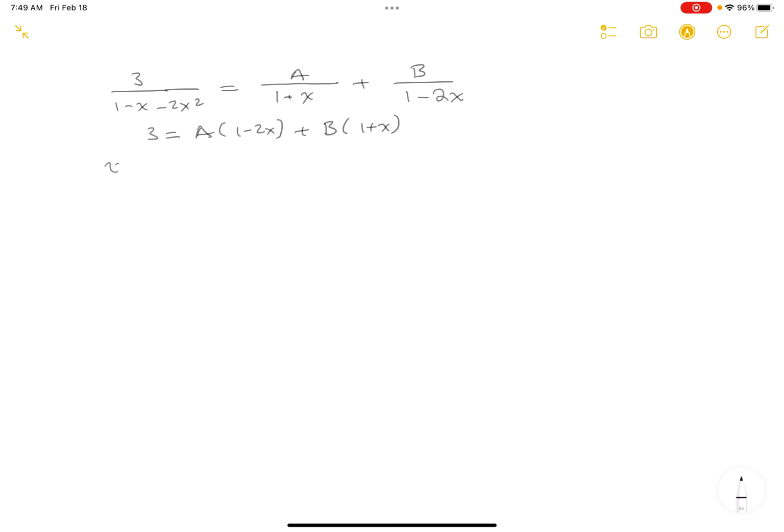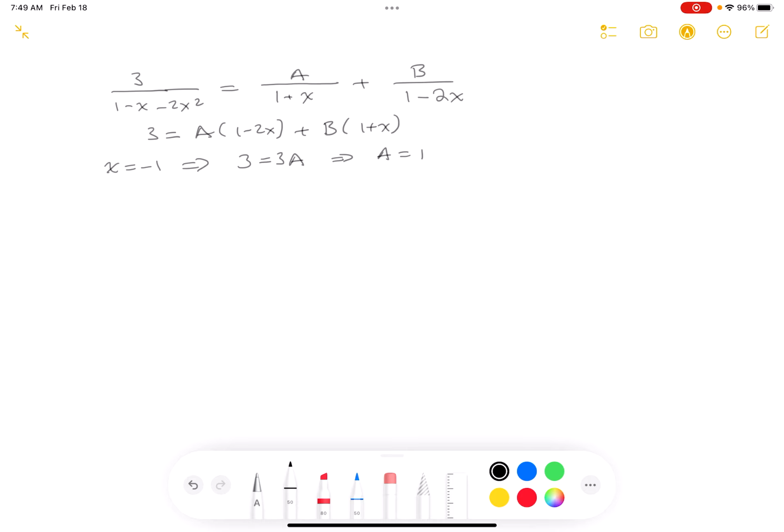Then I pick an easy number for x, like minus 1, and you get 3 equals A times, let me make sure I did that right. I chose minus 1, so that's 3A, right? And then A would be 1. All right, let me put that down now.